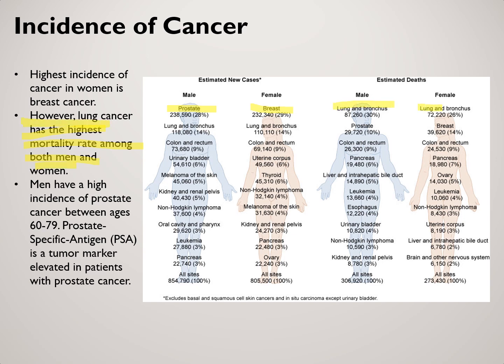Lung cancer. See, this is estimated deaths up here, whereas this is estimated new cases. So as far as which type of cancer has the most deaths associated with it, it is lung cancer in males and females.